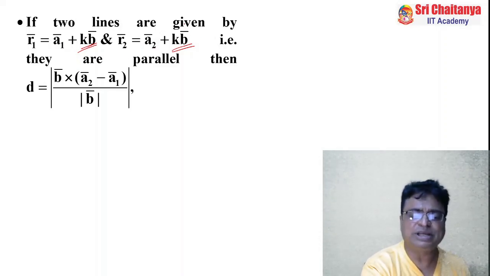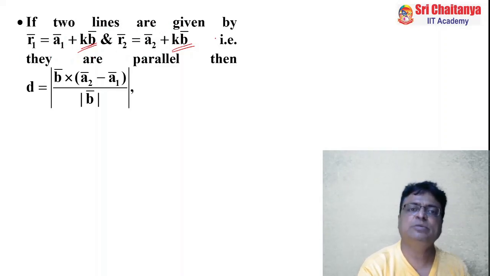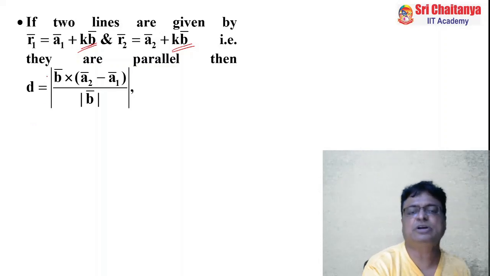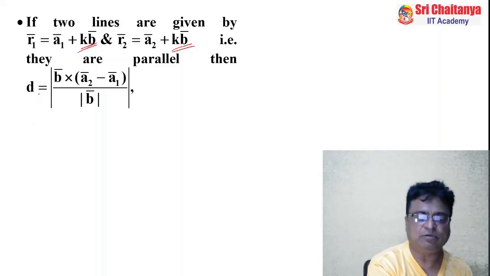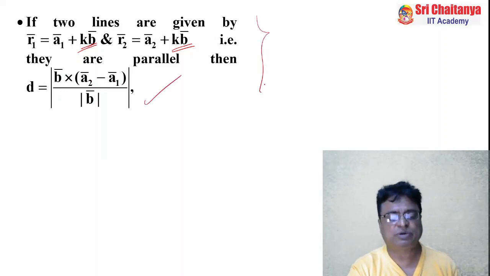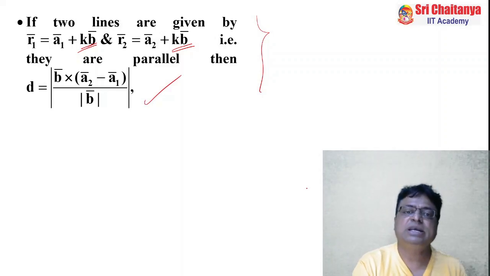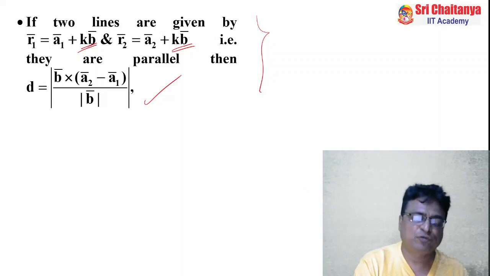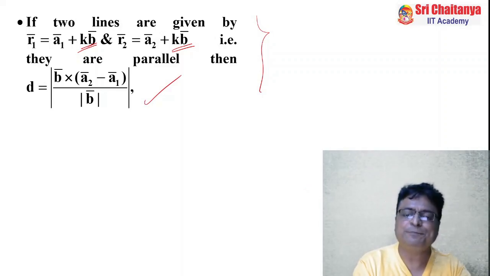So these two lines are parallel, and the distance between the two parallel lines is given by D equal to mod of B bar cross A2 bar minus A1 bar by mod B bar. Problems based on this were also asked recently in the JEE Main examination. So this is about the distance between two parallel lines.